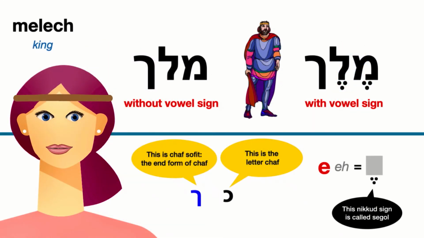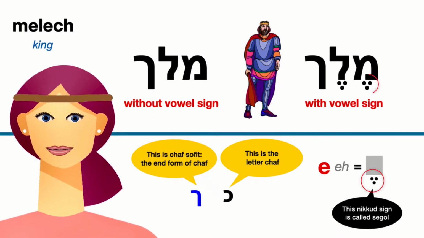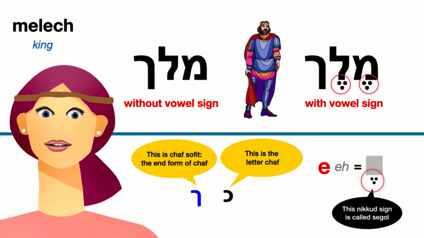Let's see the nikud vowel signs in the word melech. Note that there is a nikud sign for the vowel e under the letter mem, and also under the letter lamed. This nikud sign is called segol. It is the sound of e, as in the e of the word hello.